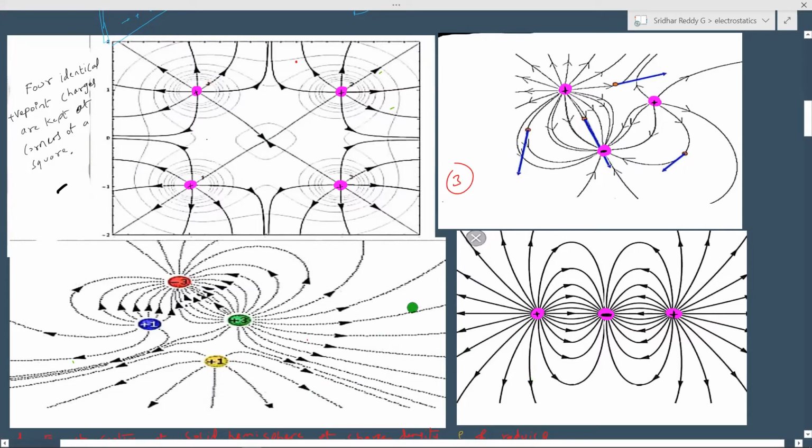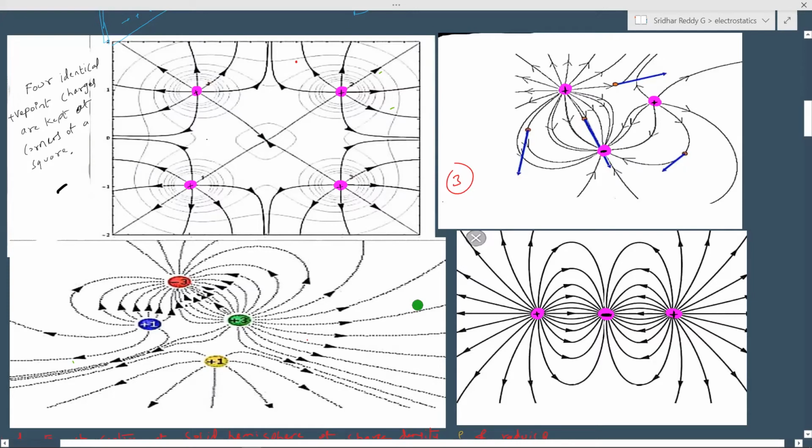Okay, this is about the basics. Today was the introduction to electrostatics. First we started with the basics of point charge. Then what are the different methods to produce charge. There we came across friction.